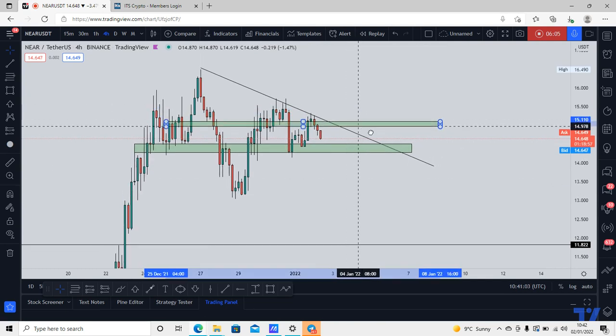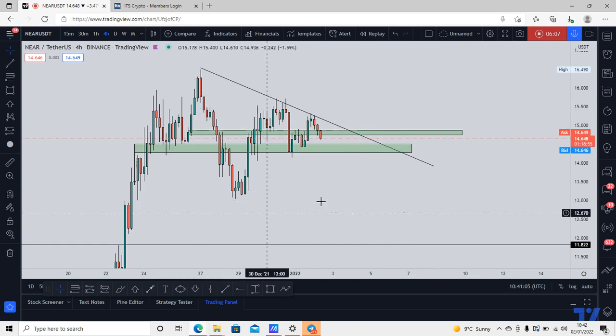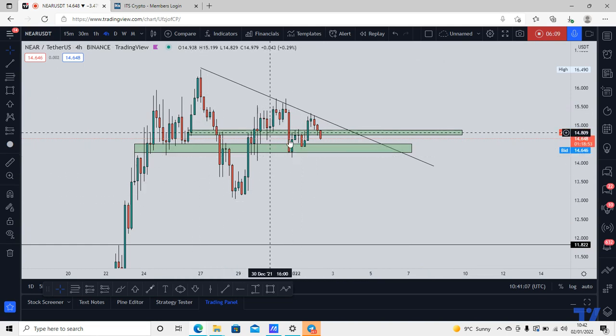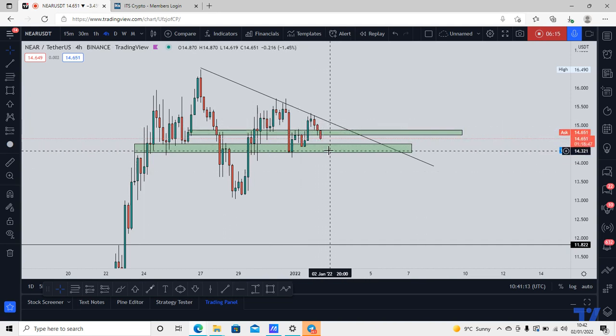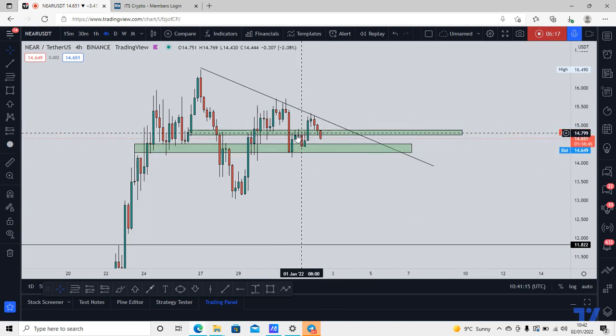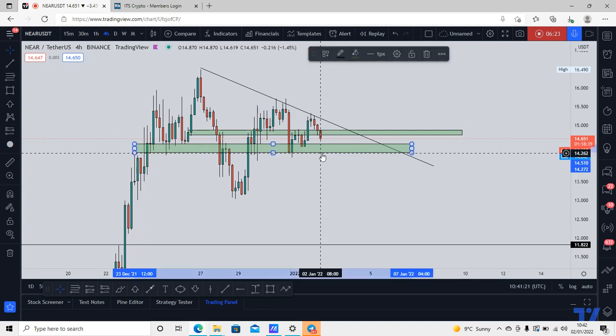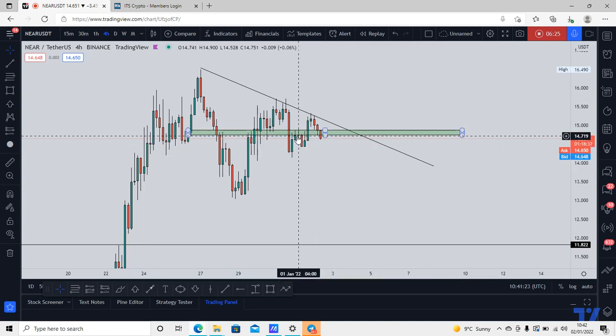What we can also see here is this level here. This is a nice level that we can identify. We have previous support here that's turned resistance here. Now the market is currently breaking below this zone. So this zone was previous resistance that should have acted as support here, but it is failing as a level of support. So we have a clear failed level of support here.